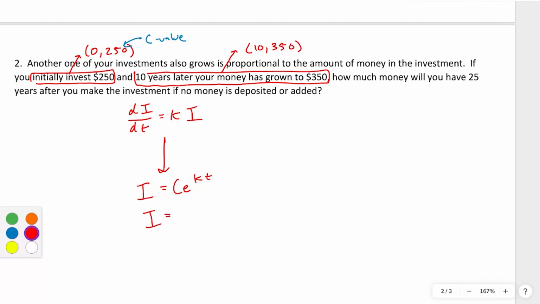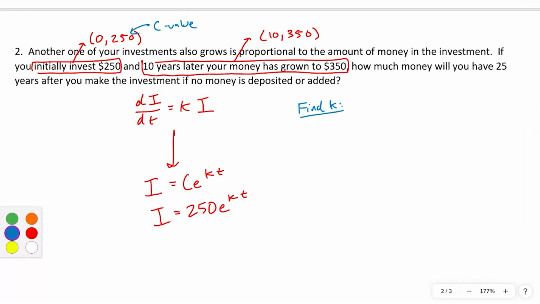So I equals 250 times e to the kt, and now we can find k. To find k, we can use the other piece of information, the fact that it's worth $350 after 10 years. Substitute that into t and I to solve for k.